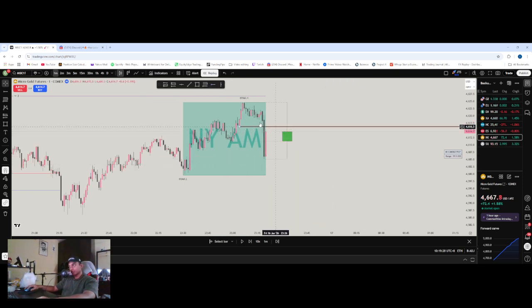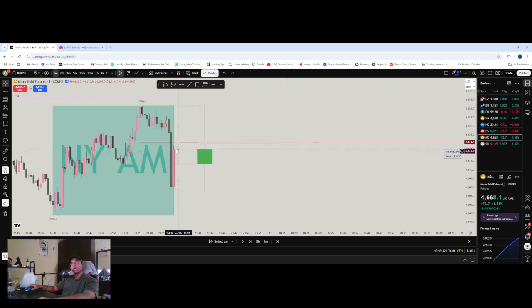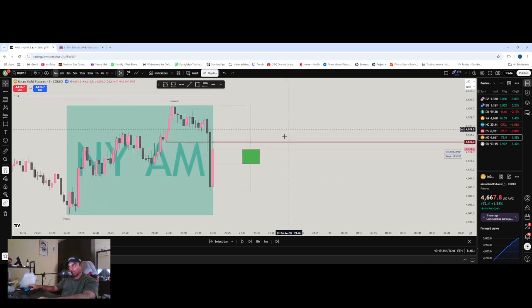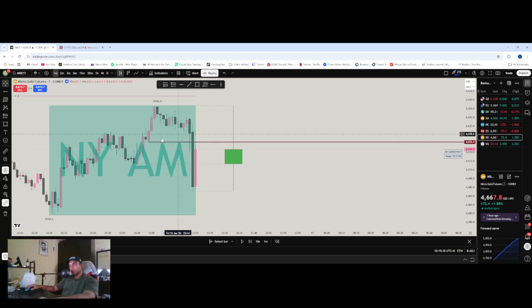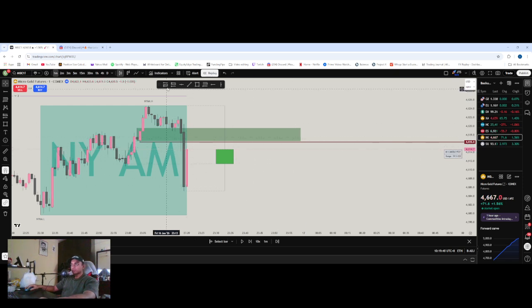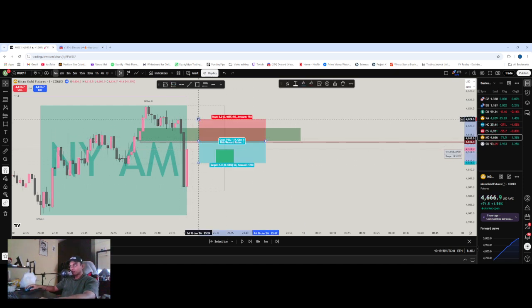So a break of structure here because it's the lower low, higher high, higher low, sorry, higher low and higher high, right? Broke structure. Had a breaker block here. If you don't know what a breaker block is, it's basically a down move before the order block move, right? So that's just a breaker block. So entry would have been here, here, or here, right?